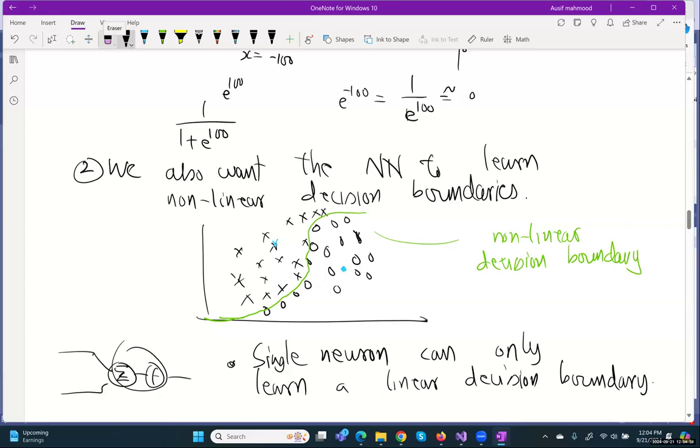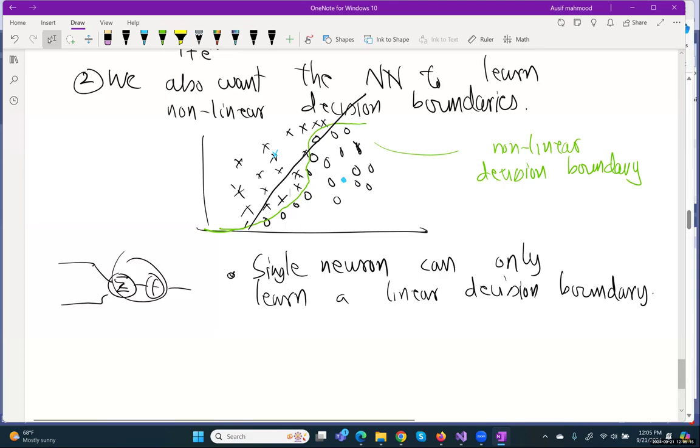Even if you try to make it learn this training data that I showed you over here, the best it can do is come up with a straight line, something like this, where some of the X's will be wrongly classified and some of the O's will be wrongly classified, because it can only learn a straight line, nothing else. So that's why we use more than one neuron.